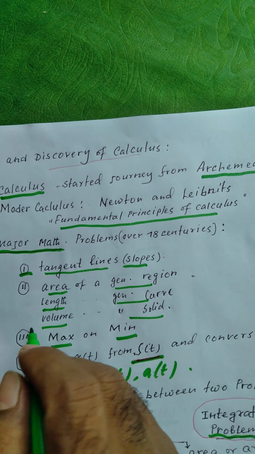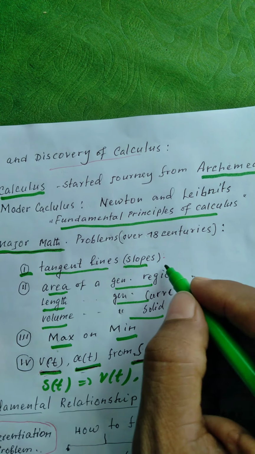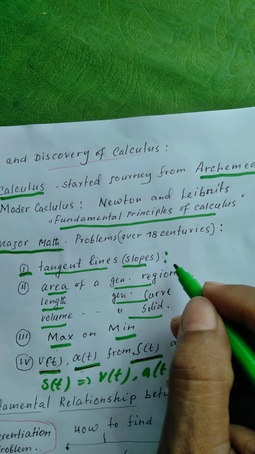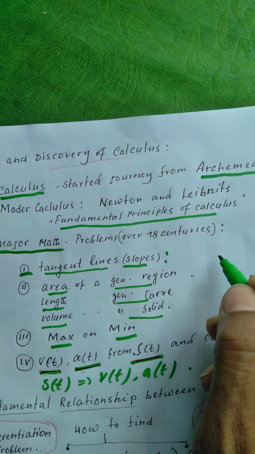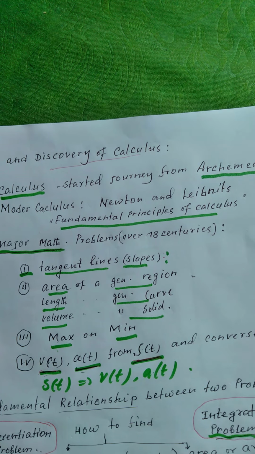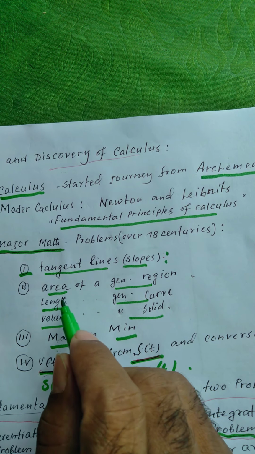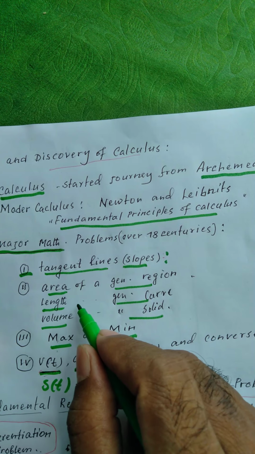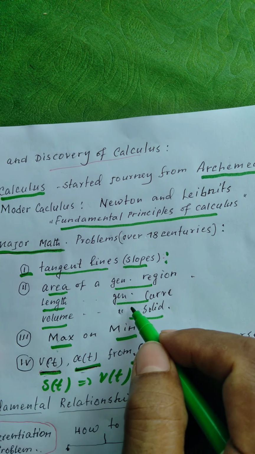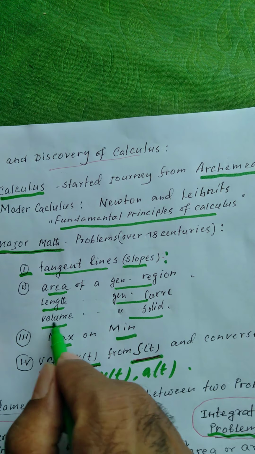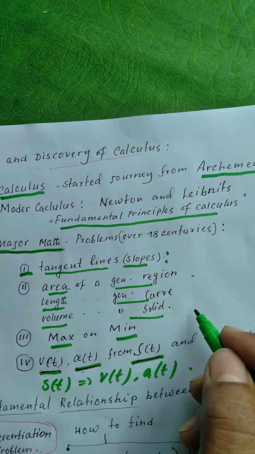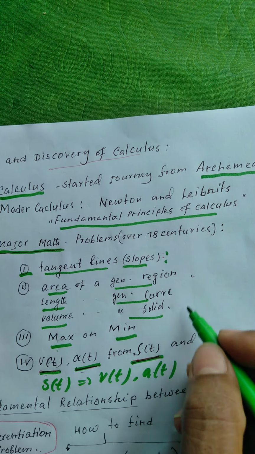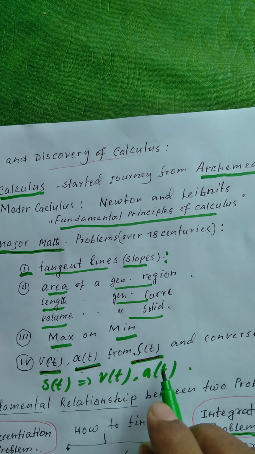We can see what the problems were. These are tangent line problems or slope problems, that is how to find tangent lines or slopes of a general curve, and again, how to find the area of a general region, or how to find the length of a general curve, and how to find the volume of a general solid. The ancient mathematicians did not know how to calculate these measurements.